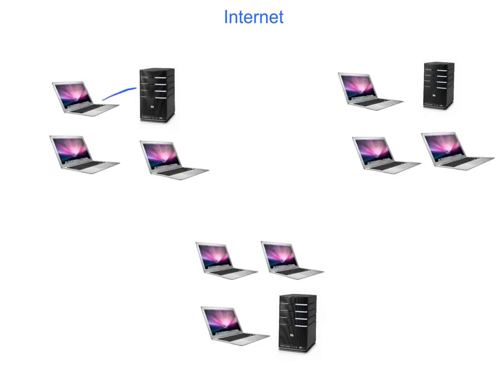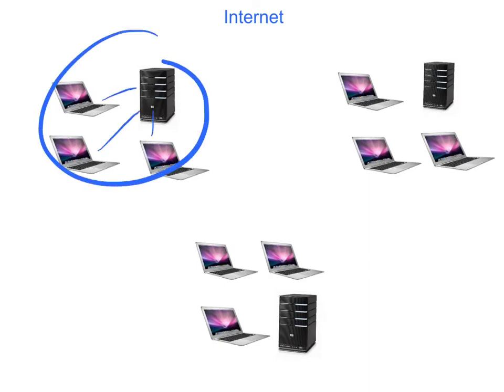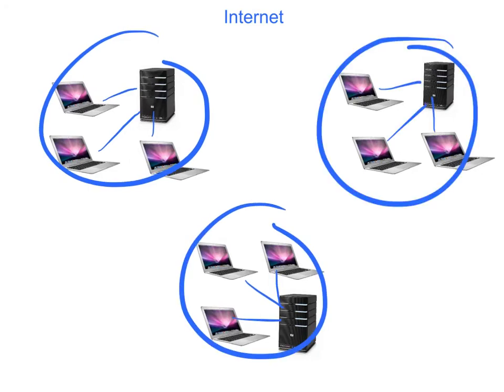So here we have three small networks. When we connect these networks together, that is called an intranet. The internet is how multiple networks connect together.